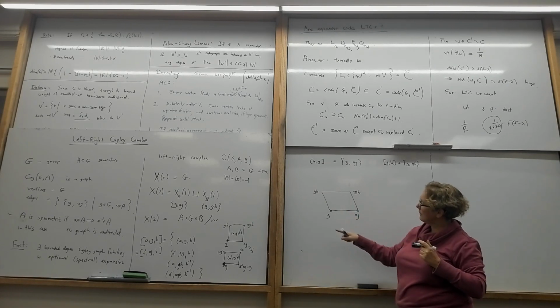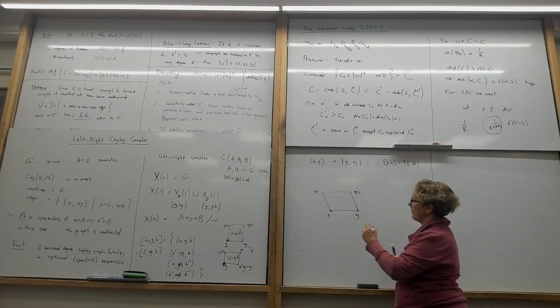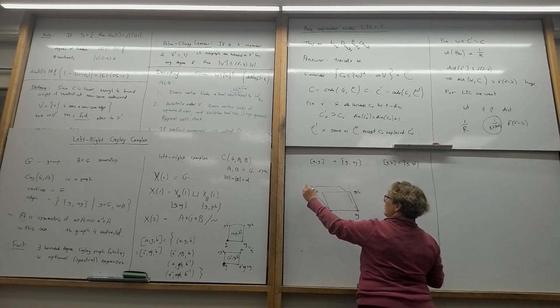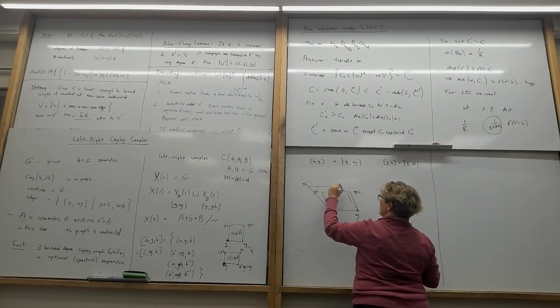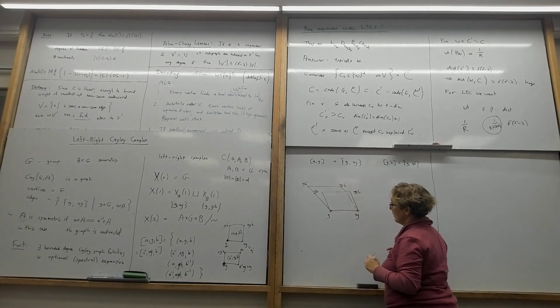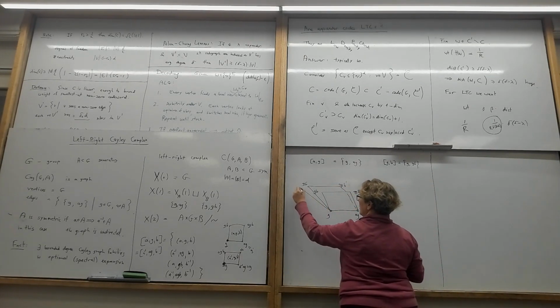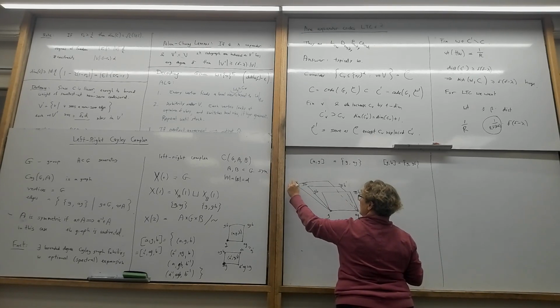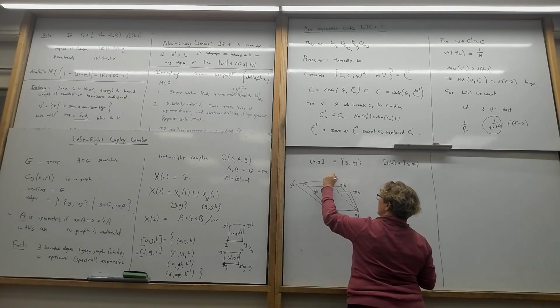So in fact, for every different B, I'm going to have such a square. So here's another B. This is GB prime, and this is AGB prime. And maybe there's another B, GB double prime, and AGB double prime.